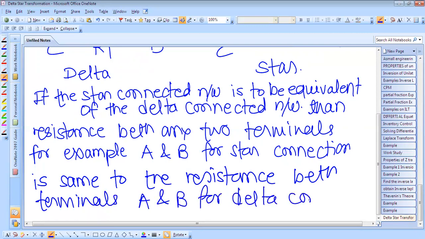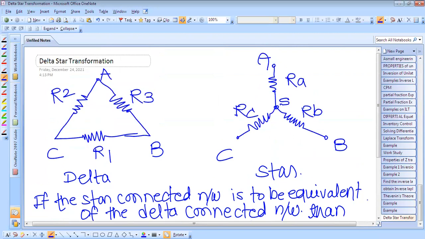Okay. So therefore, if you consider these terminals A and B, we have the circuit having resistors. This R3 and these two are in parallel.